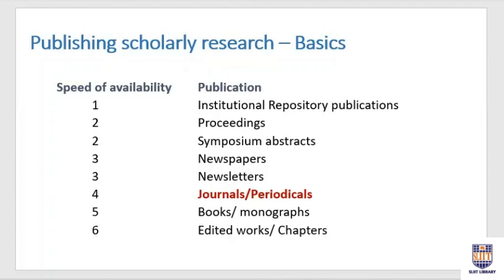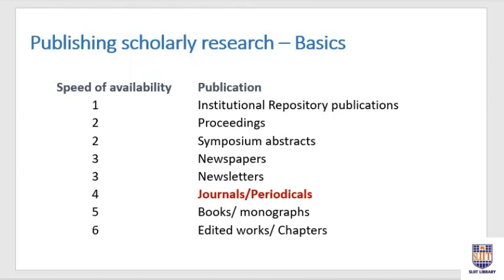The thing is, again, these are not captured by any renowned indexing services. But still, these can be accessed through the institutional repository, if the library can make them available there. Then number 3 is newspapers and newsletters. You can always publish your research if you have some contact with newspaper or media people, as well as the institutional and subject newsletters.